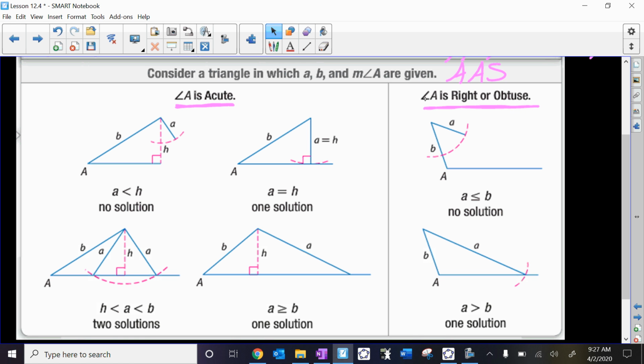I'm actually going to start with the right or obtuse side. Keep in mind that I would jot down this chart as best as you can. You don't really need the pictures, but I'll show you how we come up with each one of these scenarios. So starting with angle A being either right or obtuse.